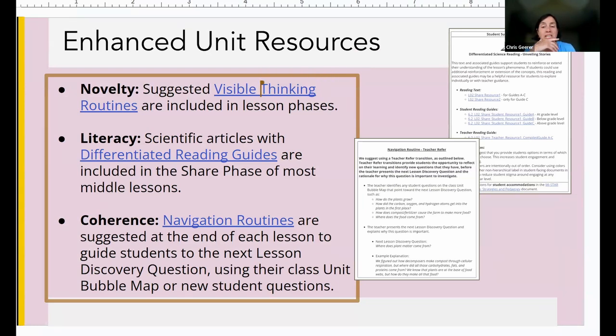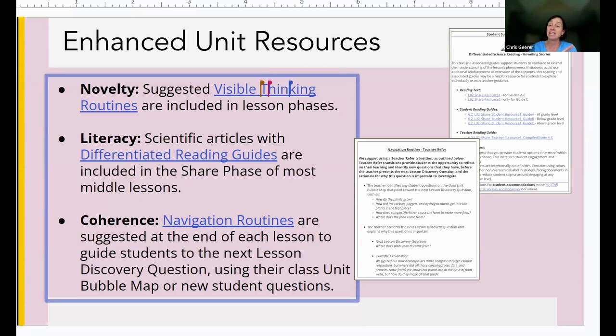And so we started collecting visible thinking routines, some things that I had done in my classroom, some things we collected from other teachers, some ideas from Harvard's Project Zero and some other really ambitious science teaching sources. We put together a whole document full of ideas.